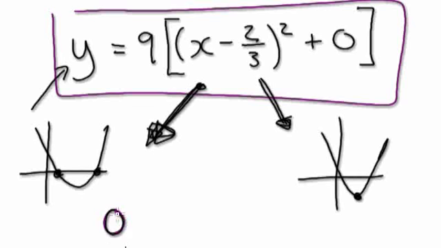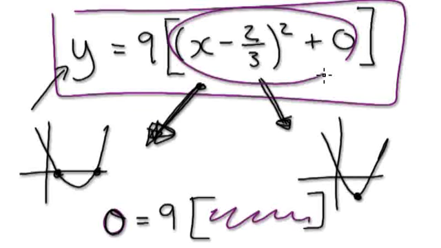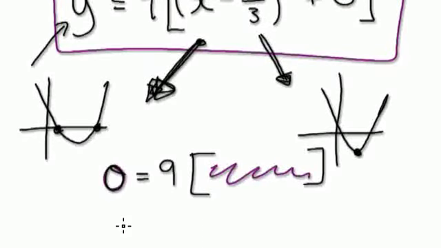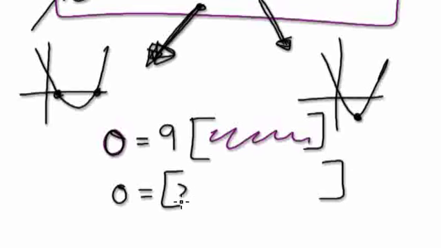So this would be 0 equals 9, and then that thing inside there. But then you would divide both sides by 9. So 0 divided by 9 gives you 0, and then you're going to have x minus 2 over 3 squared.